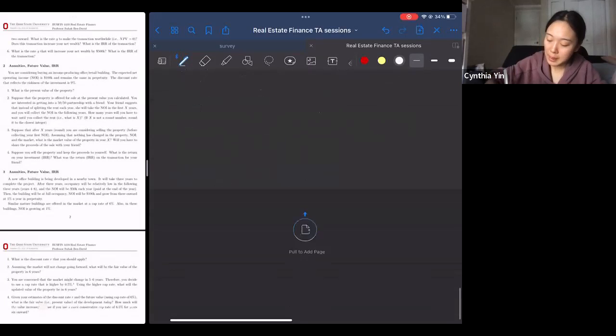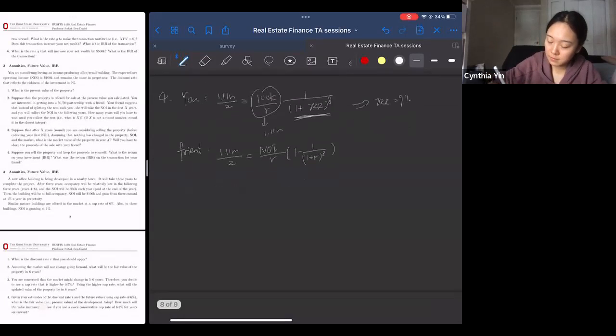This is the perpetuity part, which is still given. And this is actually the IRR you're looking for.